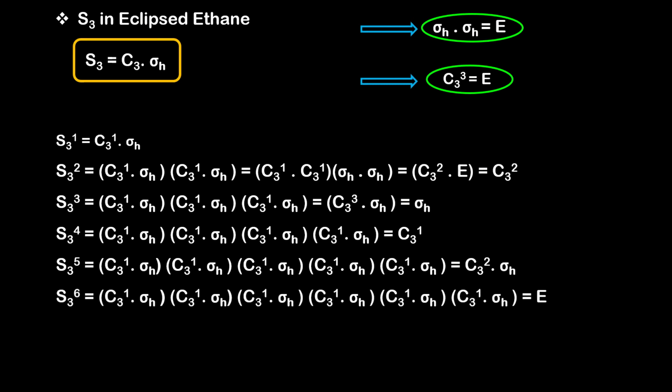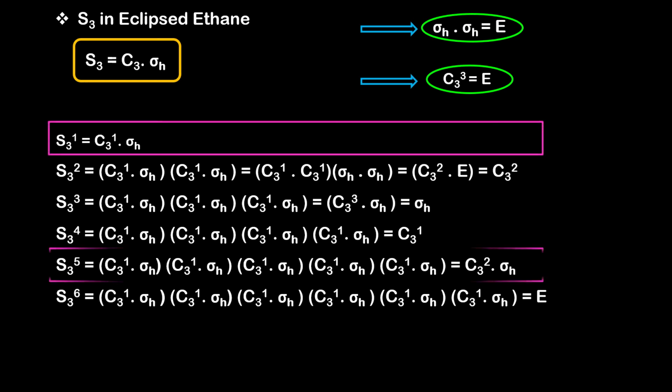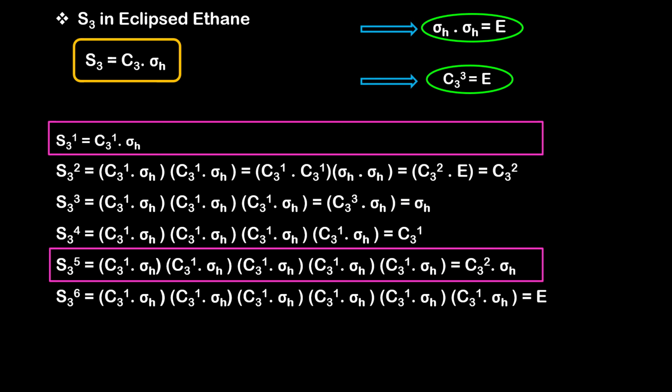Next, S3^6, six times applying the improper rotational axis operation, leads to identity. From this, we can say that only two improper operations, S3^1 and S3^5, are unique, because they lead to rotation then reflection. This can be explained by applying the operations to the eclipsed ethane molecule.